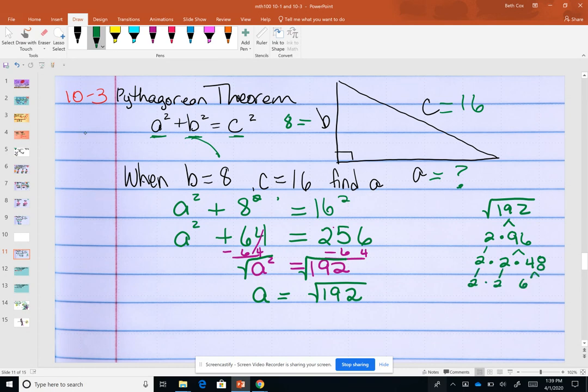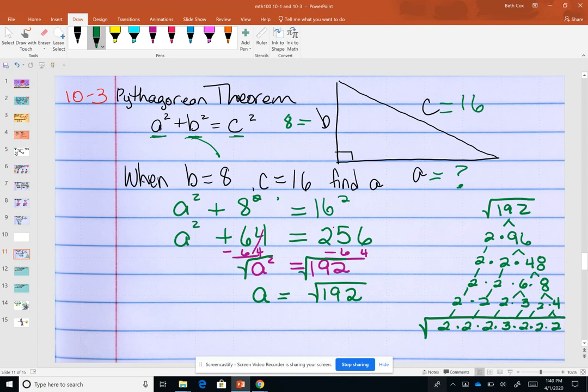And then 48 is 6 times 8. All right, so keep going. This one's going to be a big one. This is 2 times 4. Keep going. So I've got this 2, this 2, this 2, this 3, this 2, and 2 times 2. This is a big one.